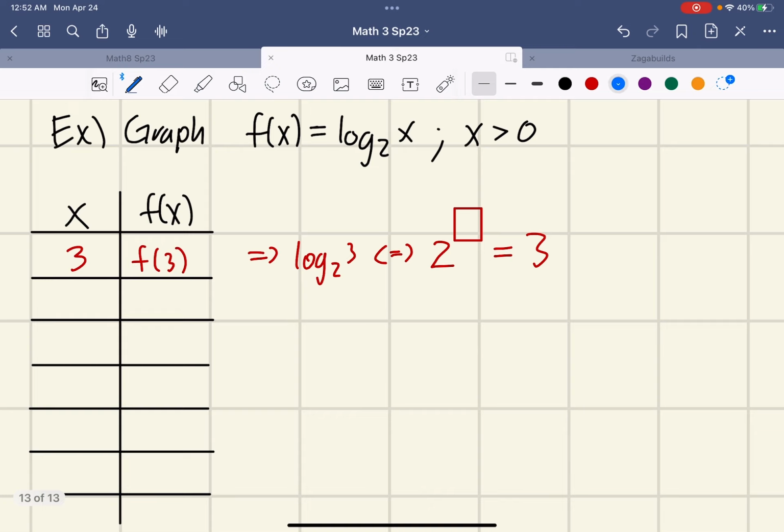Whereas if I were to choose my y value, which I know we haven't done in a long time, but even when we were checking the intersection for the horizontal asymptote for rational functions, I said just take your horizontal asymptote, which was some y, and replace your entire function notation with it.